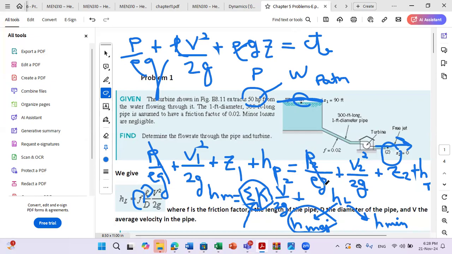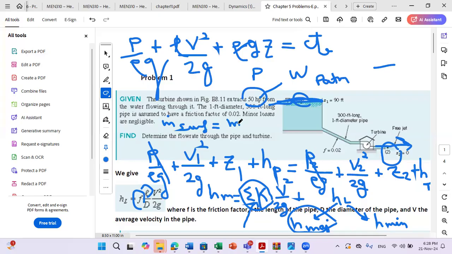Now, concerning velocity, whenever we have a large free surface of a reservoir, you can say that the velocity here is much larger than the velocity at the exit of the turbine duct. Because you know, from continuity, from conservation of mass, you can say that m dot at the surface of the reservoir is equal to m dot exiting the turbine.